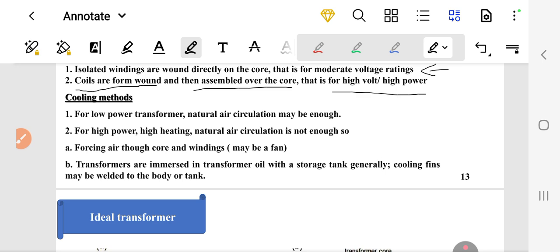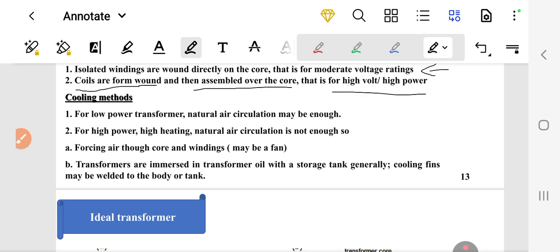As the transformer winding draws current from the primary and supplies current to the load at the secondary, the passage of current will produce heat energy in the windings and in the core.